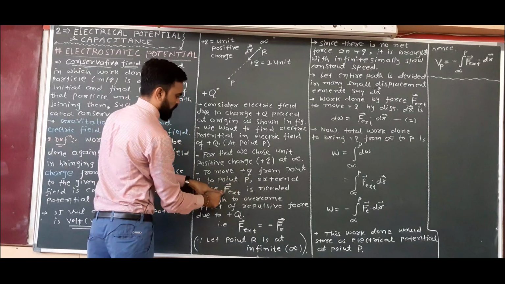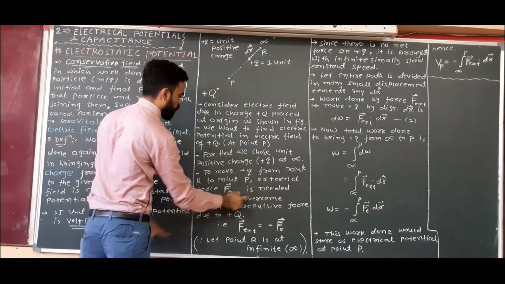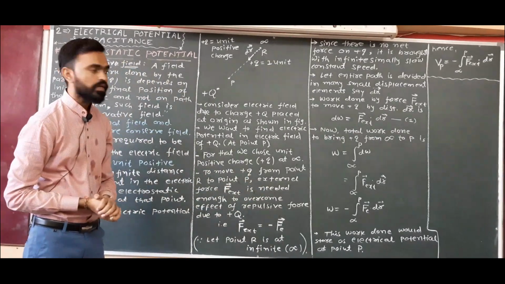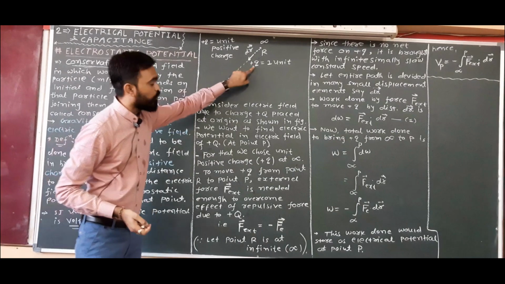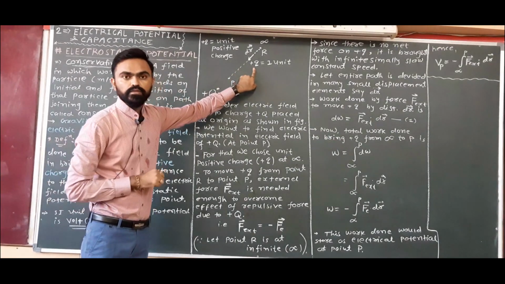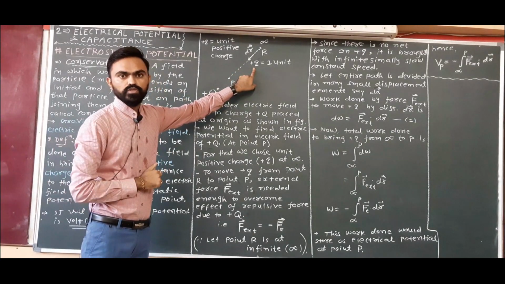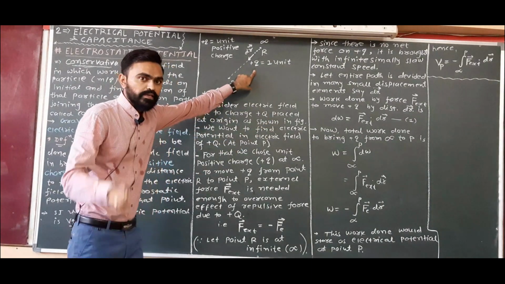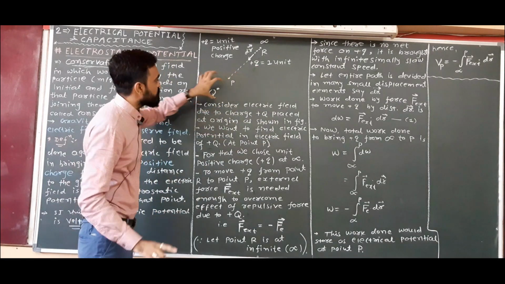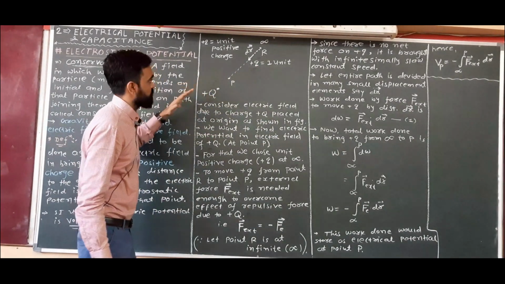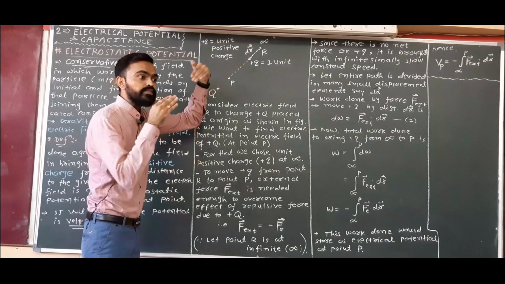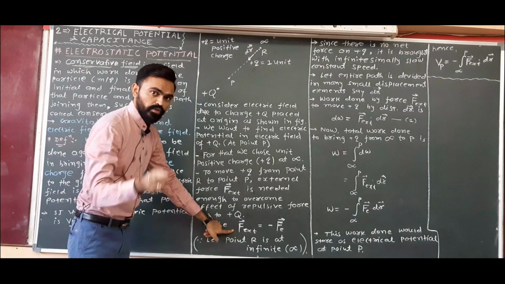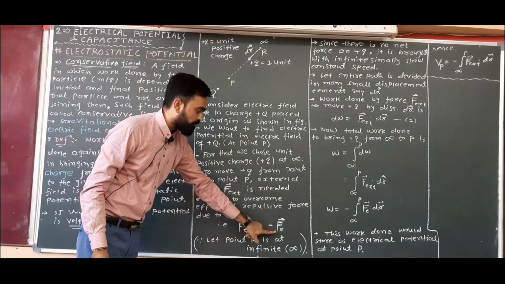External force F external is needed, enough to overcome the effect of the repulsive force due to plus Q. This plus Q will not let the positive q come close, because these are like charges. So we have to push this charge, but how much force should we use? Only as much force as the electrical force acts in that direction. So F external will be equal to the F electrical force.